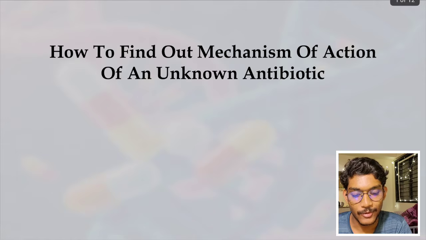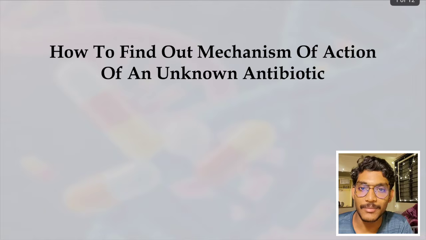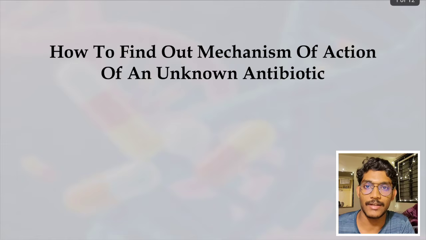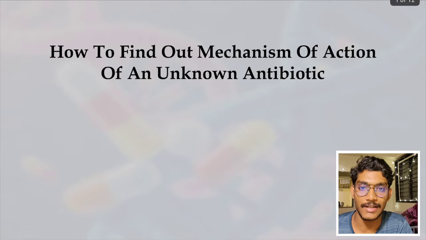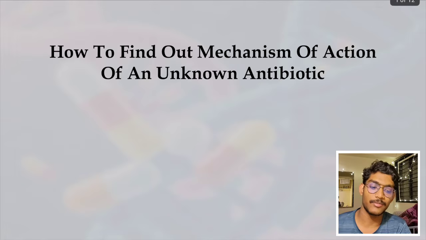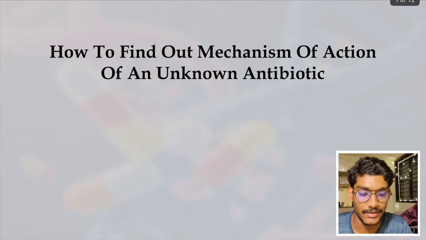Today I am going to discuss a topic which you might be asked if you are asked a question from microbiology. You are given a certain antibiotic which inhibits or kills bacteria, and very little information is available about that antibiotic. How will you find the mechanism of action of that particular antibiotic?